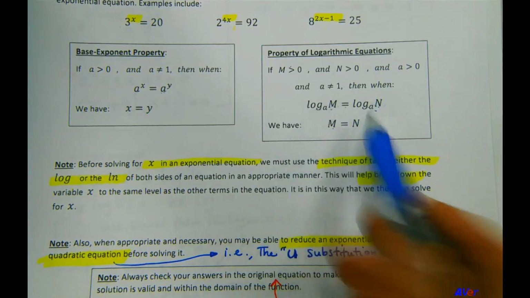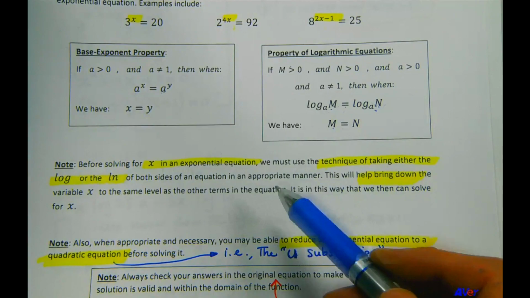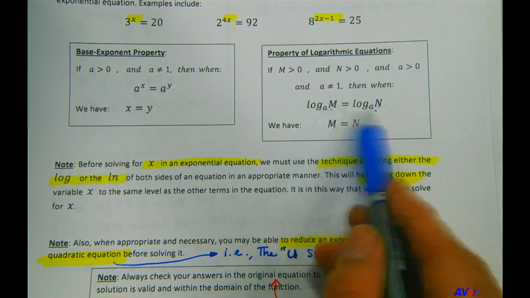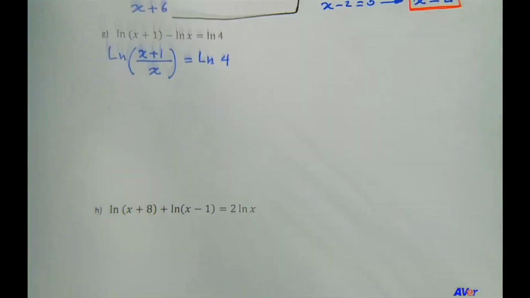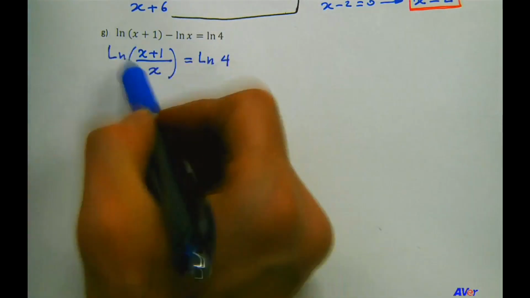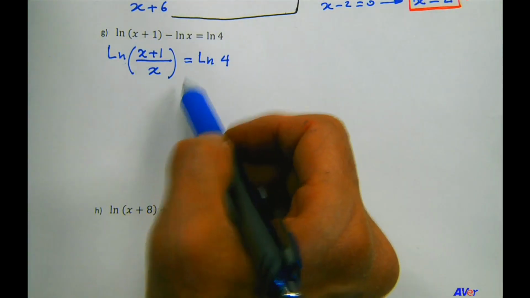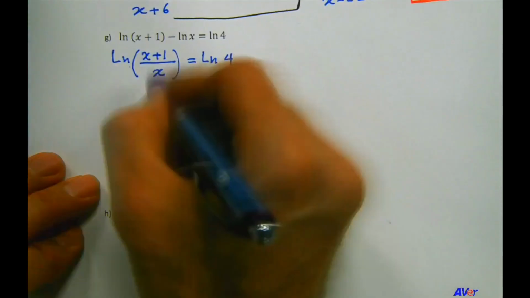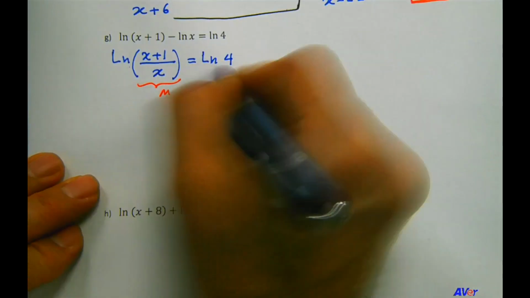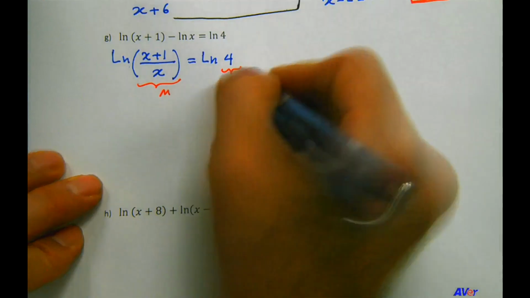Otherwise, their logs would not be equal to each other, right? But of course, they must have the same base. Is that the situation we have here? Absolutely. We have natural log. So the base on both sides is equal to e. So in our case, this is m and this is n, the 4.